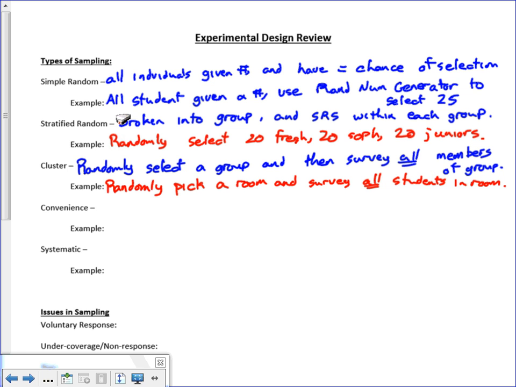A convenient sample, probably the least effective. It is the worst way of sampling, but it's probably the most often used, unfortunately. A convenient sample is basically you survey whoever or whatever is convenient, is closest, right?